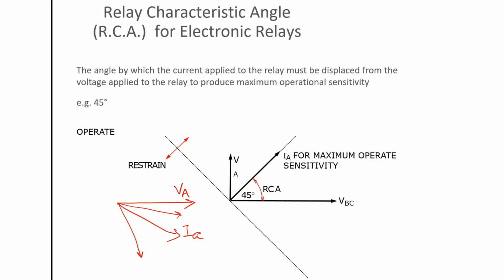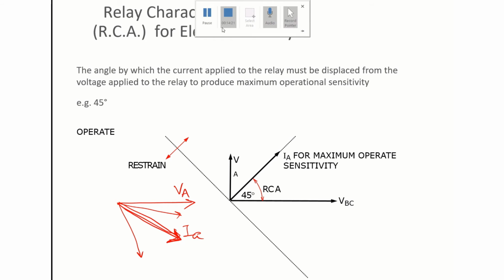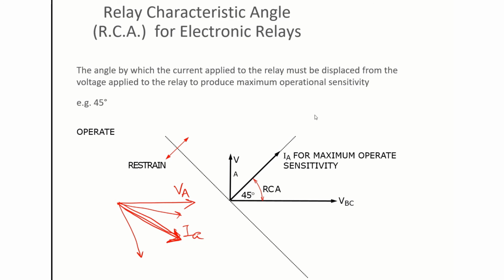So, in case we want our relay to have maximum operating sensitivity, we can set one current angle, like suppose this angle, and we now say that if the fault current comes into this direction, the operating direction will be positive.